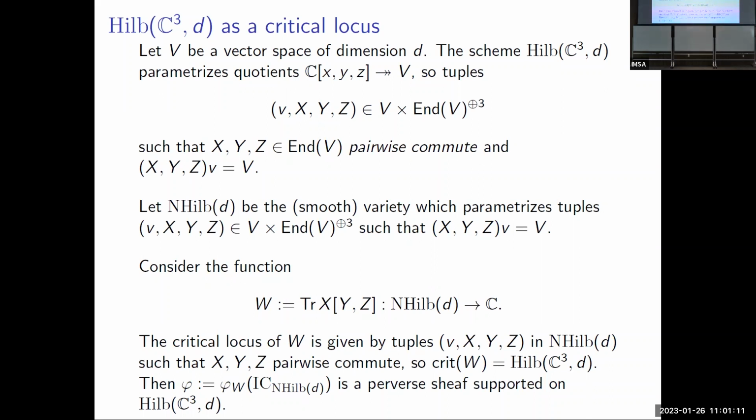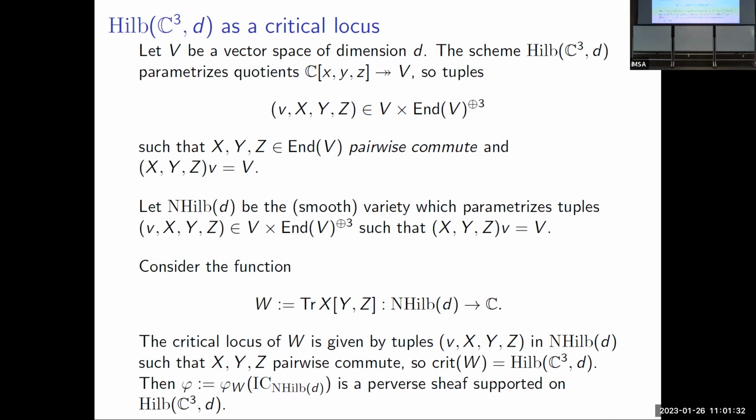Then you can imagine that we expand it in the coordinates of x, y, and z. Then you have to impose that all the partial derivatives with respect to the x coordinates are 0. And this will say exactly that the commutator of y and z is 0. So you get that y and z commute.